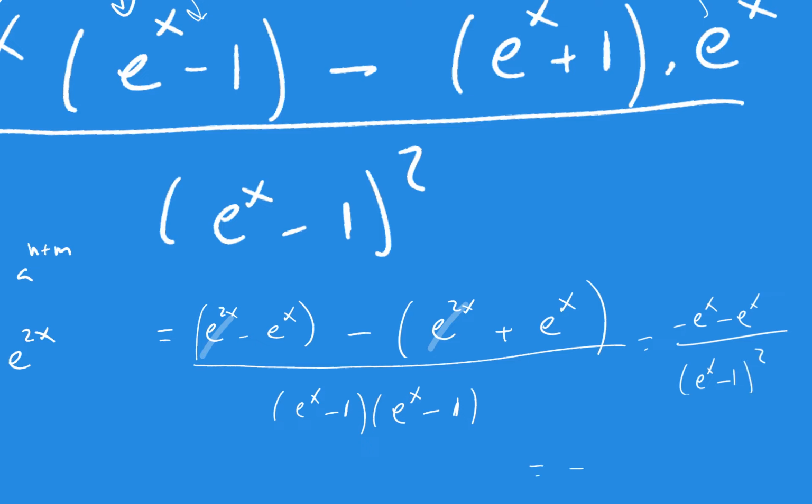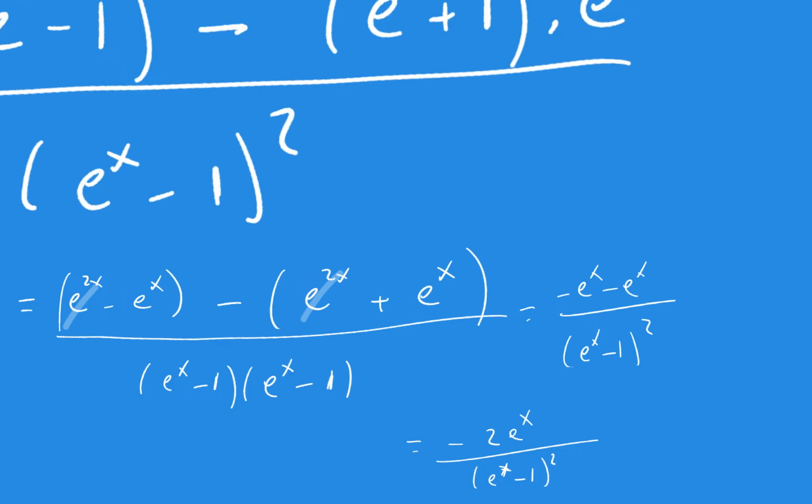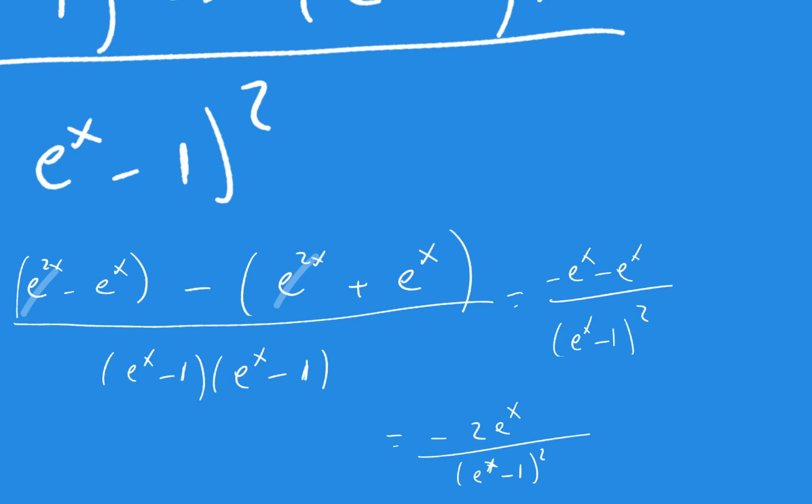So it will be minus 2 times e to the x divided by e to the x minus 1 squared. So this is the final result, okay?